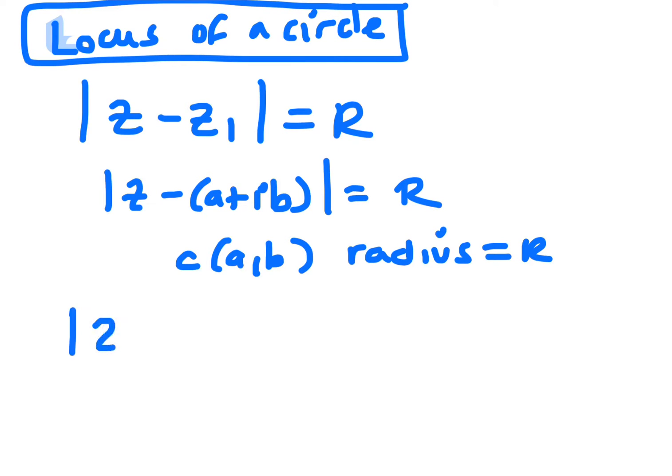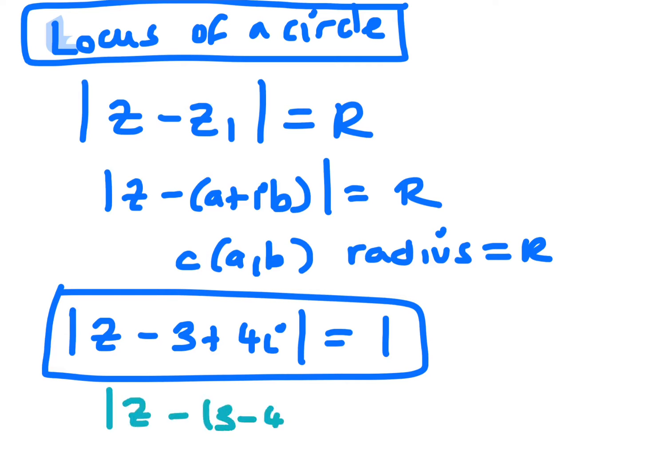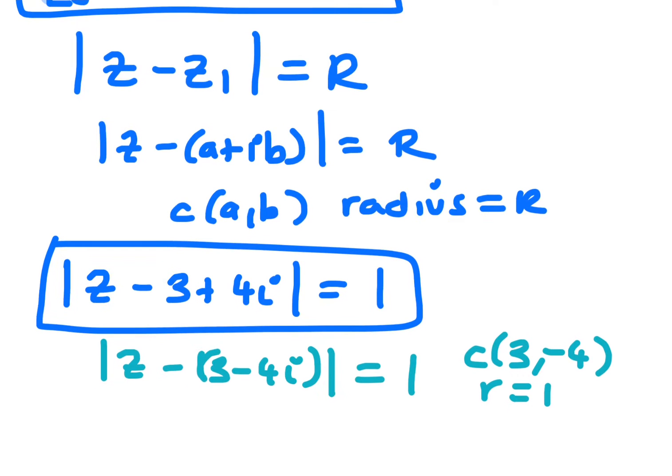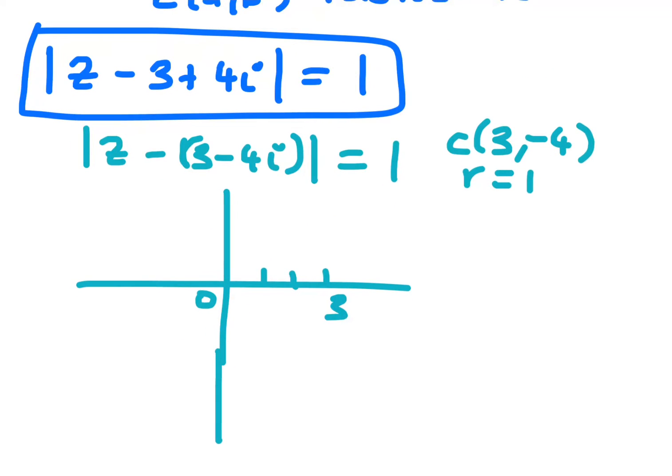So if we've got, say, the modulus of z minus 3 plus 4i equals 1, when you're trying to sketch that, or even find the centre and the radius, it's z minus (3 minus 4i) equals 1. So the centre would be (3, minus 4), and the radius would be 1. So if you go 1, 2, 3, and 1, 2, 3, 4, minus 4, which is there, radius 1, so you just draw a circle of radius 1.